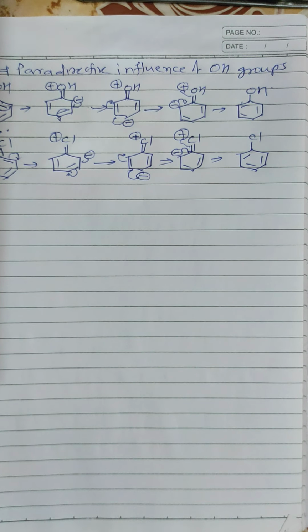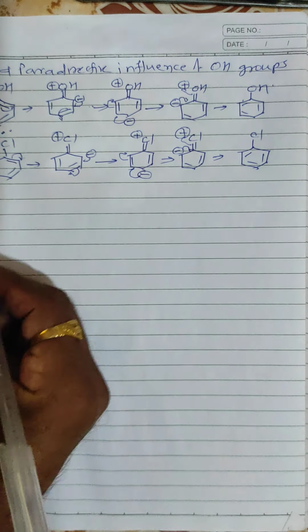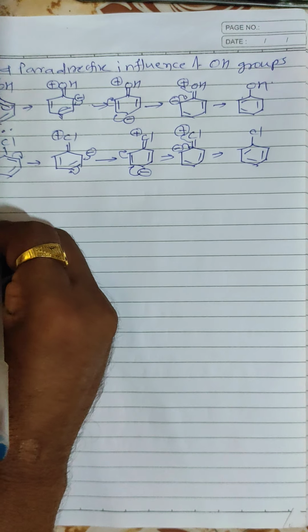Then meta-directing and deactivating groups like NO2, then NH3+, cyanide. These are meta-directing groups.